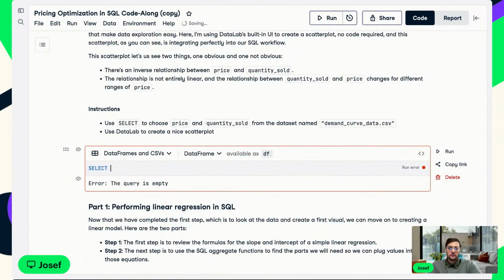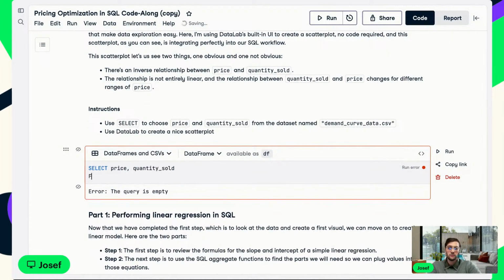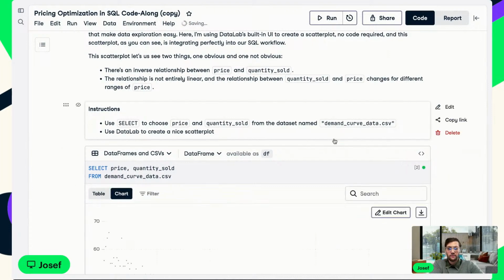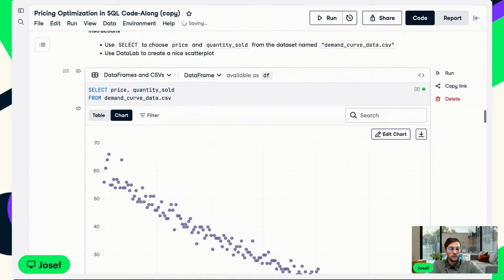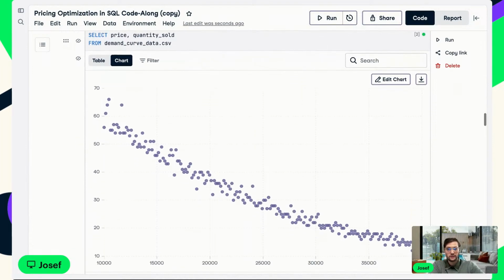So here I will visualize it. I'll do the same code: select price and quantity sold from our demand curve data. And this time when I hit run, I'll create a scatter plot. It was already toggled over to the chart, so it created a scatter plot automatically here.